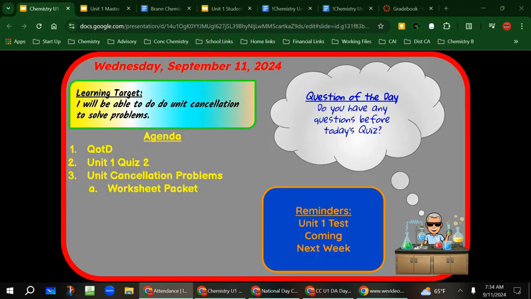Okay, please put your computers away. Take out only your periodic table and a calculator, because you will, well, I don't think you'll need a calculator because you're either multiplying or dividing by 10, 100, or 1,000, but you may want one just in case. Okay, so calculators are over here. By the way, when you are done with my calculators, please bring them and put them back in the container.